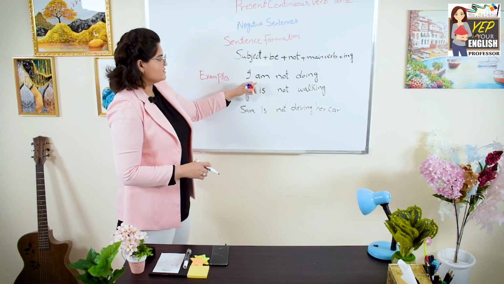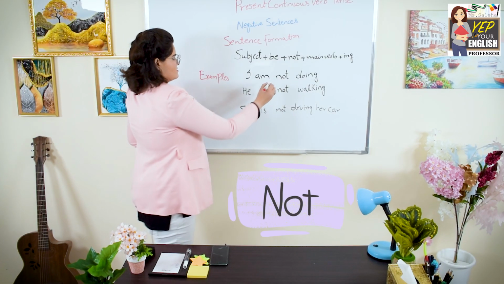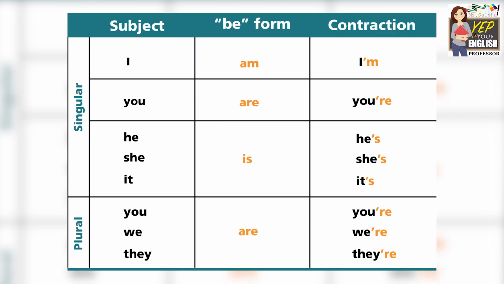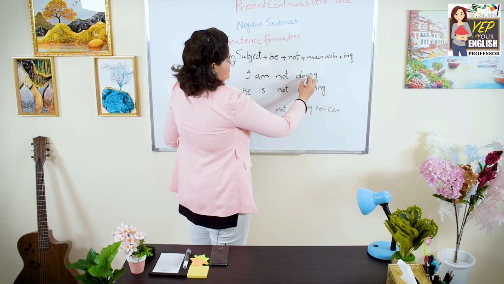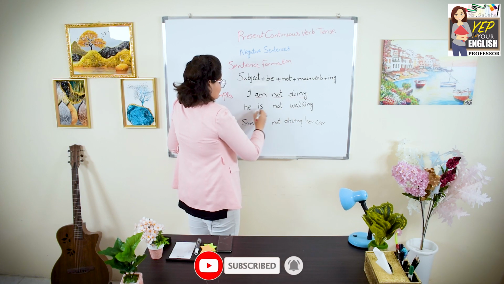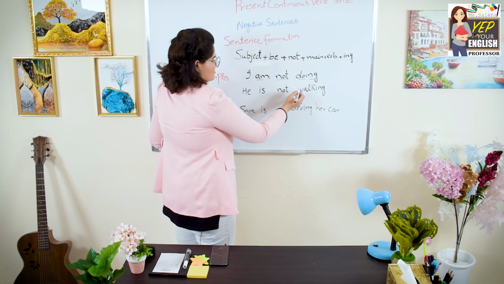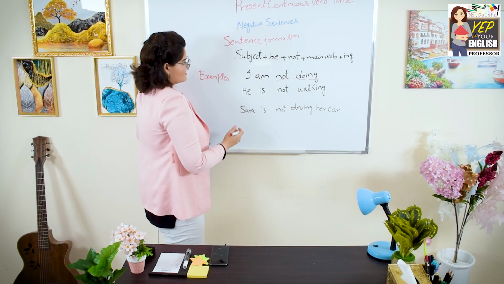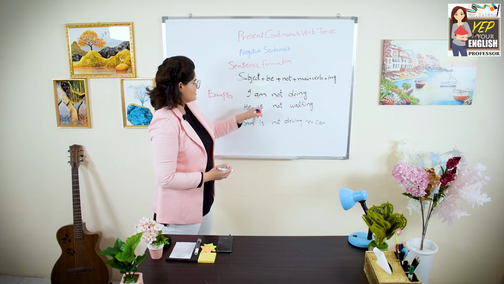In these examples, we can see that we added a not after the helping verb, or be form, and then the main verb, and the rest is same. Ing here is also same. We have a subject, a be form and a not, main verb plus ing. Let's read the sentences. I am not doing.